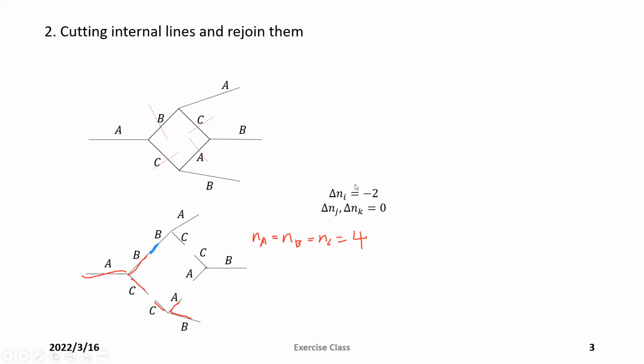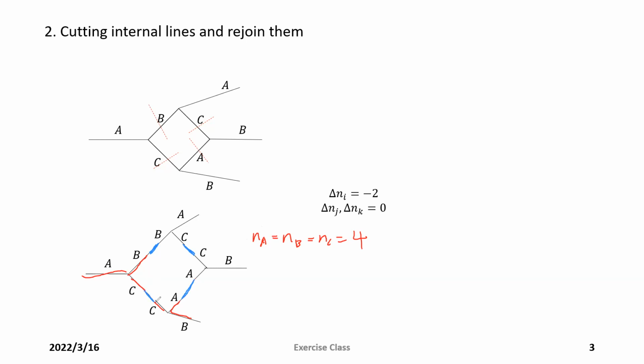So every time we rejoin, there will be one kind of line whose number decreases by 2. So for example, when we rejoin these two, then the number of C lines will decrease by 2. And when we rejoin these two lines, the number of A lines will decrease by 2.